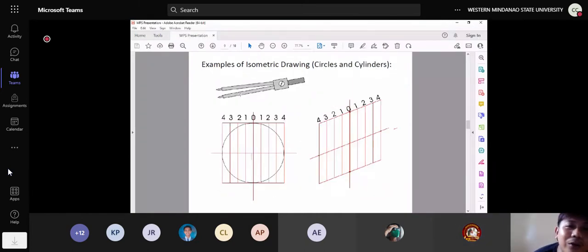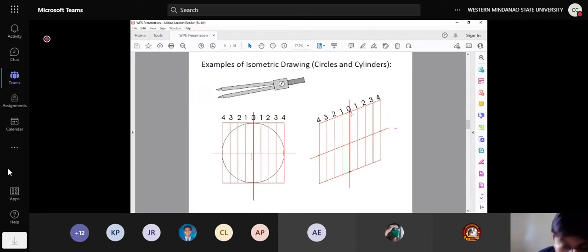Okay. So this is how we draw the isometric circles. This is an example of a circle wherein it is presented in XY plane, yung usual na 2D drawings natin. Once we draw an isometric circle, we need to create this isometric square, which is basically just a guideline para doon sa isometric circle natin.